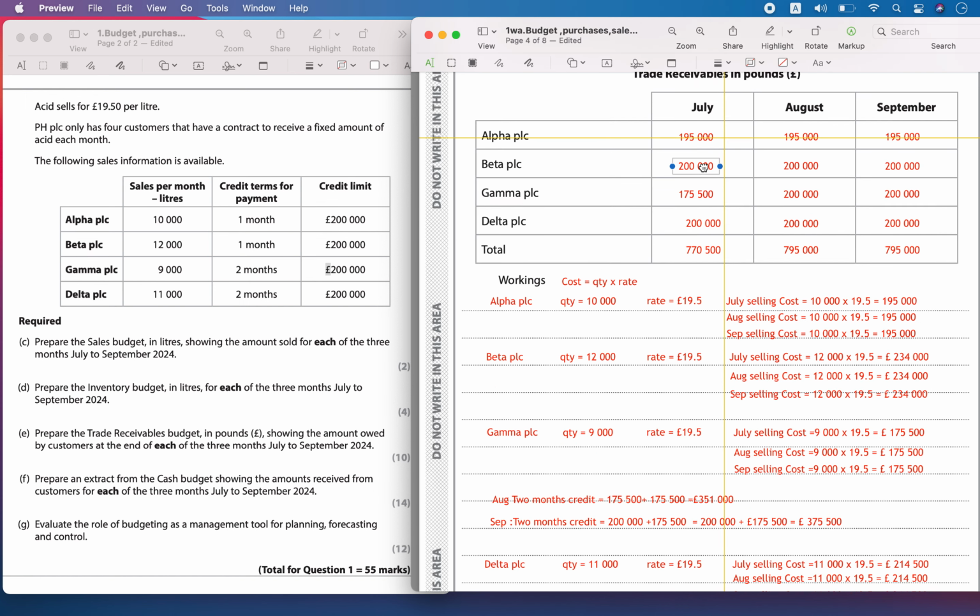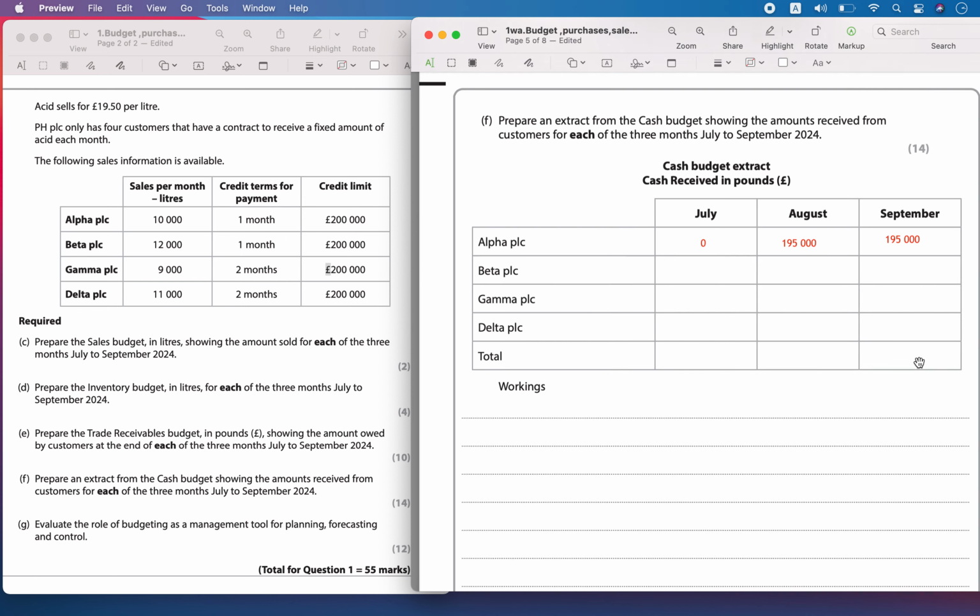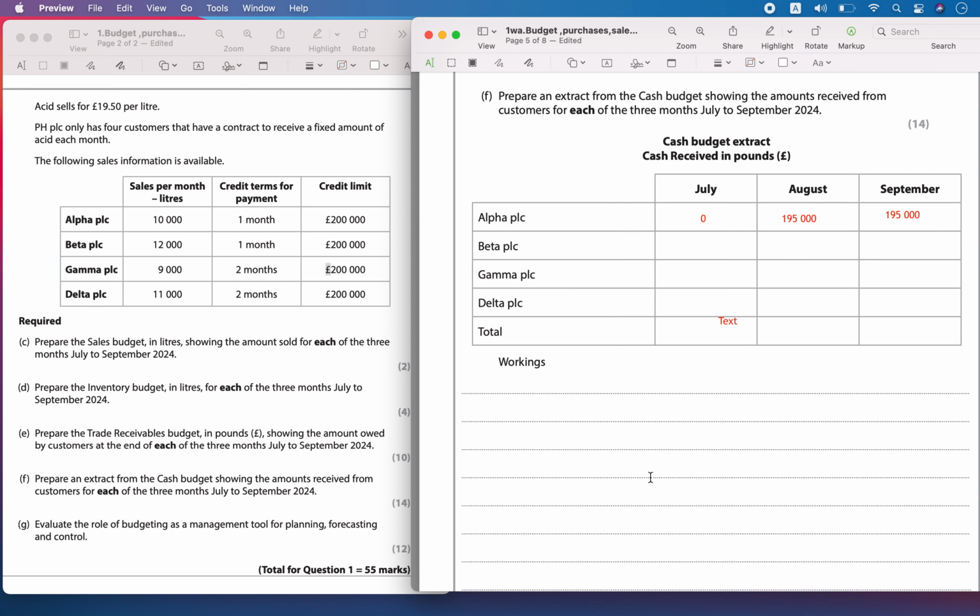For Beta, it is 200, it's exceeding, so the 200. But we saw that Beta's July sales revenue was 234,000.